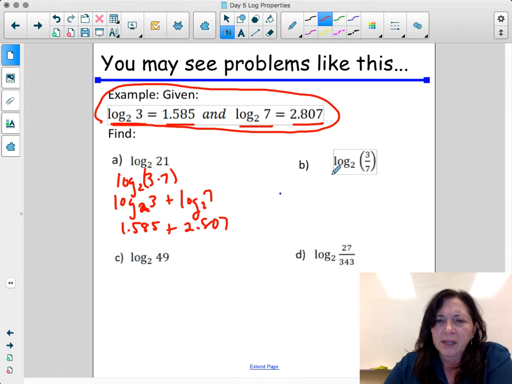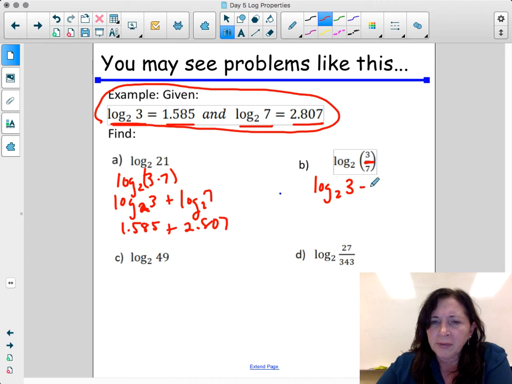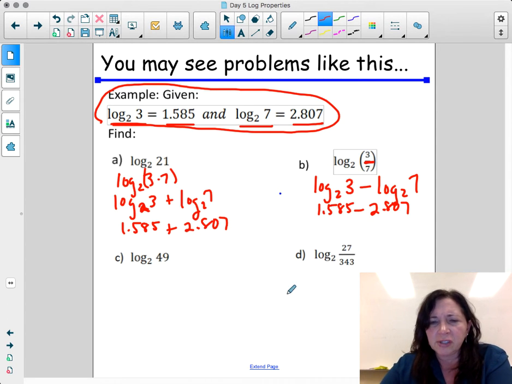For this one right here, we have log base 2 of 3, and because it's division, I'm going to use the quotient rule, so that's going to be minus log base 2 of 7. Well, log base 2 of 3 is 1.585, and log base 2 of 7 is 2.807, so you could just subtract those.